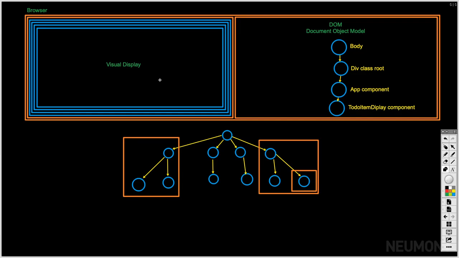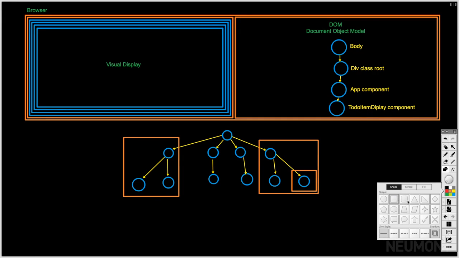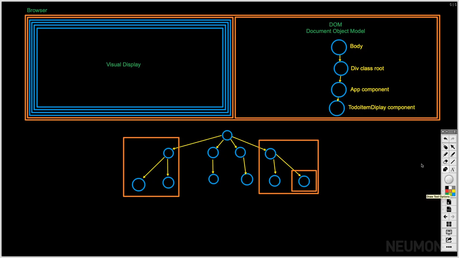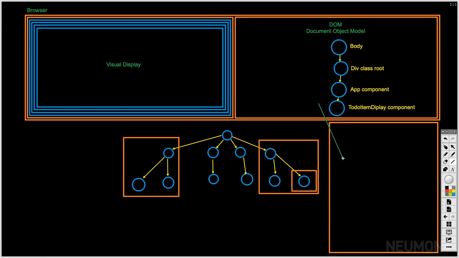So the way we fix that is React introduces the virtual DOM. And so right over here in JavaScript, inside of React, we take an exact copy of the DOM, or React does. It takes an exact copy of the DOM and it copies it down here into the virtual DOM. So let's go ahead and label this as our virtual DOM.